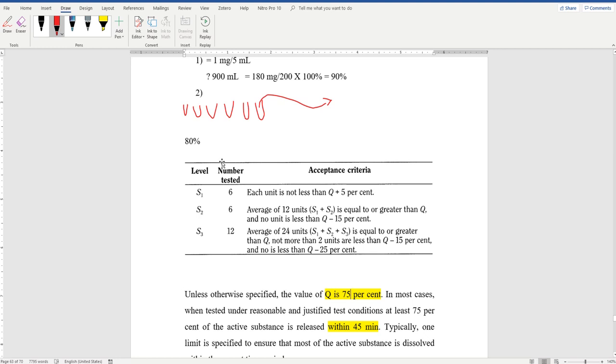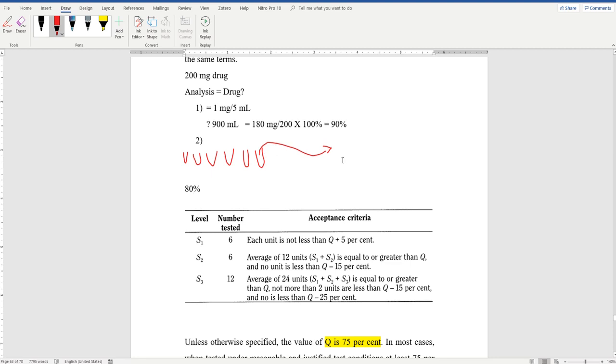If this is not the case, suppose 1 or 2 or maybe all are less than Q plus 5, meaning they are less than 80, then you take another 6 tablets and repeat the experiment, do the same thing. Before you did 6 and now you are doing another 6 in stage 2.